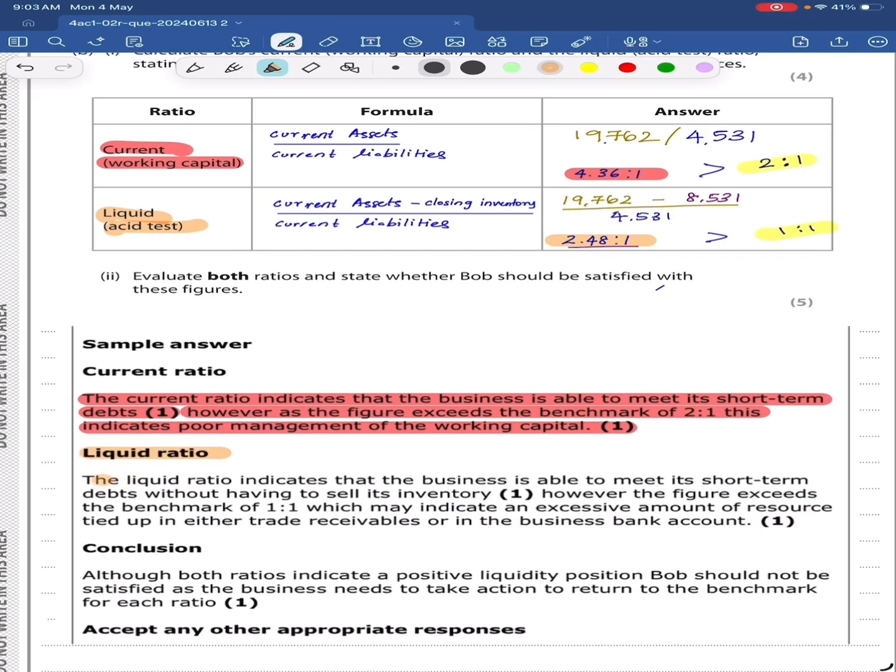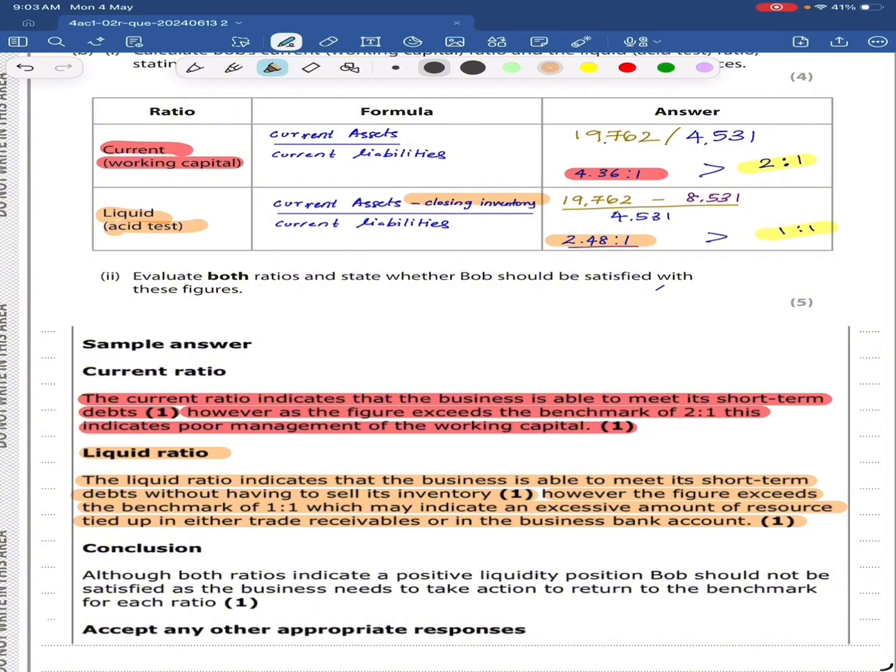For liquid ratio, the liquid ratio indicates that the business is able to meet its short-term debts without having to sell its inventory because we take away the inventory over here. However, the figure exceeds the benchmark of 1:1, which may indicate an excessive amount of resources tied up in either trade receivables or in the business bank account.